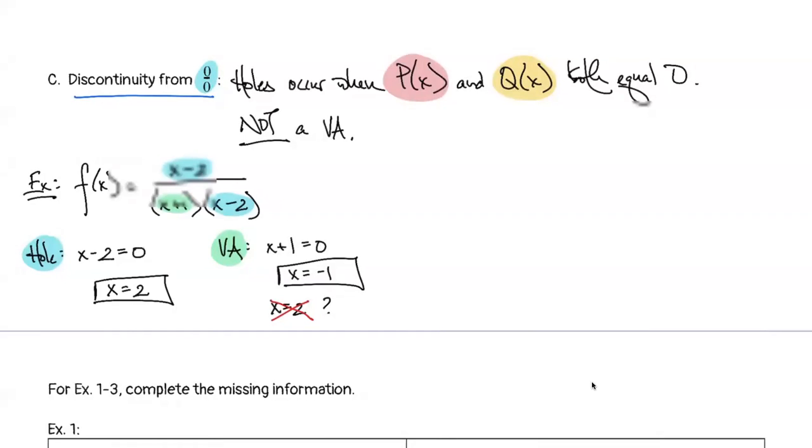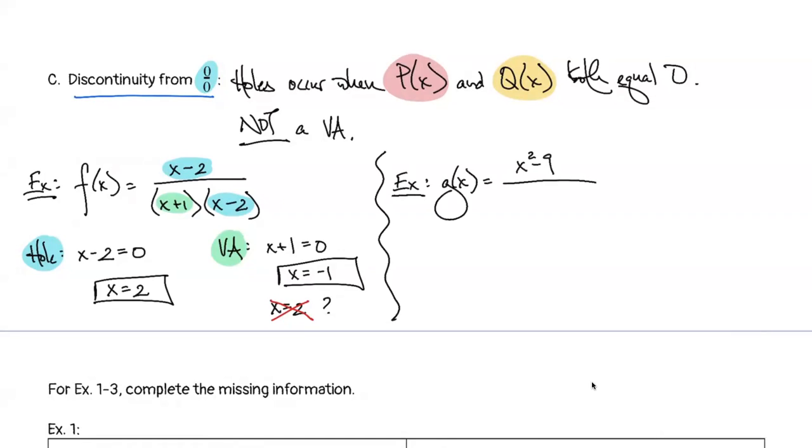All right, so let's try one more. Let's say g of x equals x squared minus 9 over x plus 2 times x minus 3.